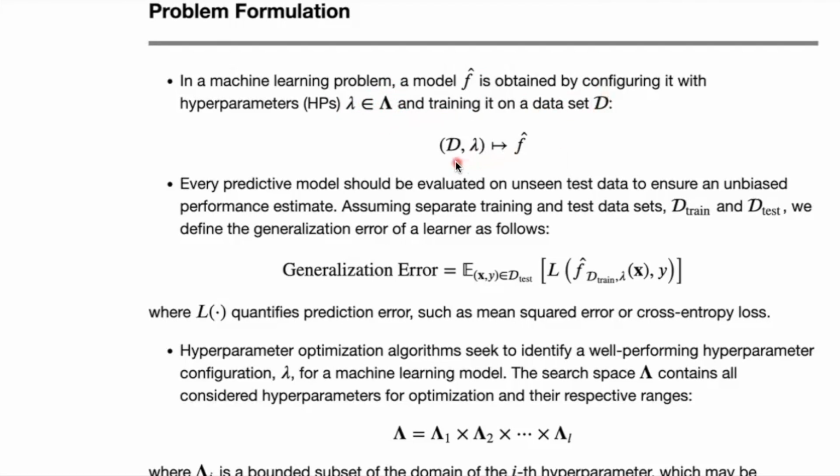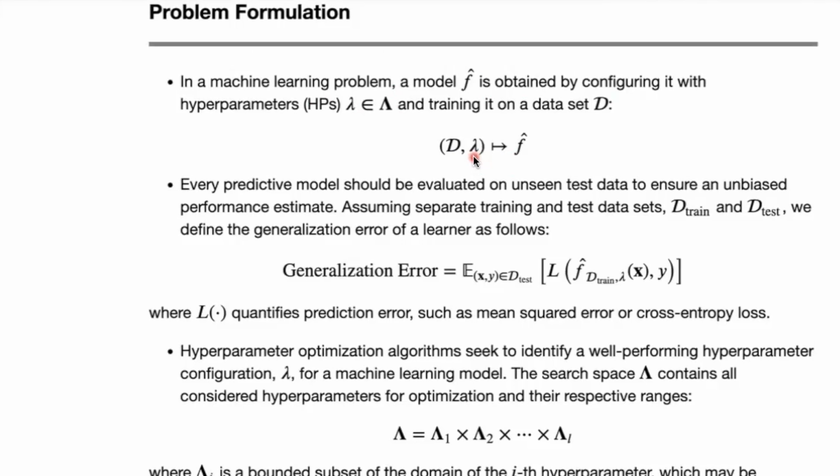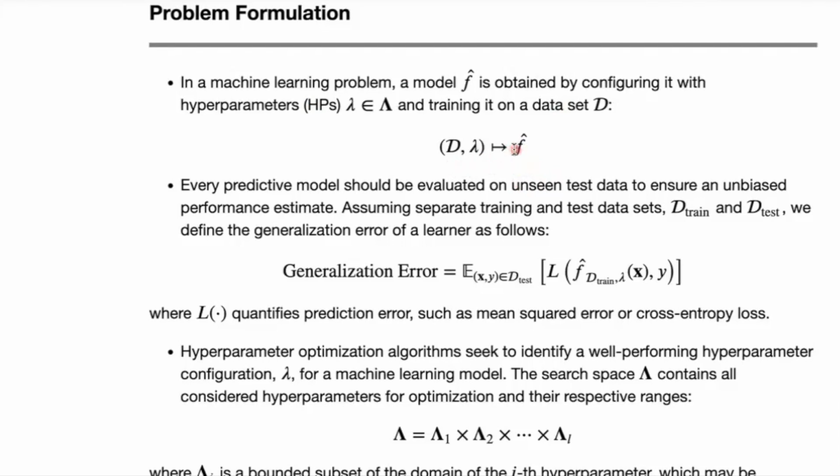So in other words, to find a machine learning model you have some data and then also set these hyperparameters. For now, let's say this is just the number of hidden layers in a neural network model. And then you can solve the empirical risk minimization problem to find f hat and its associated parameters, right? So that's the typical empirical risk minimization for model fitting.